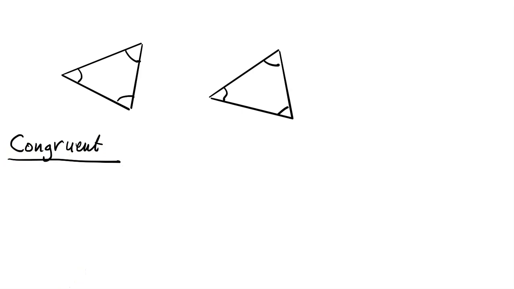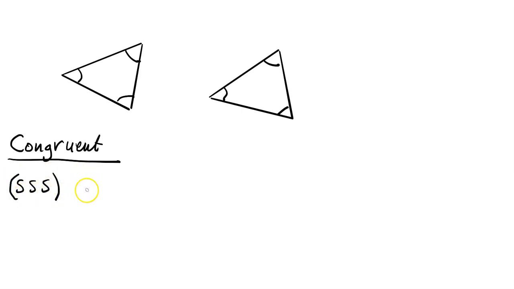So let us start with congruent. I will write now 3 conditions. If any of these 3 is satisfied for the situation we have, then we know that the two triangles are congruent. The first condition, let's call it SSS.